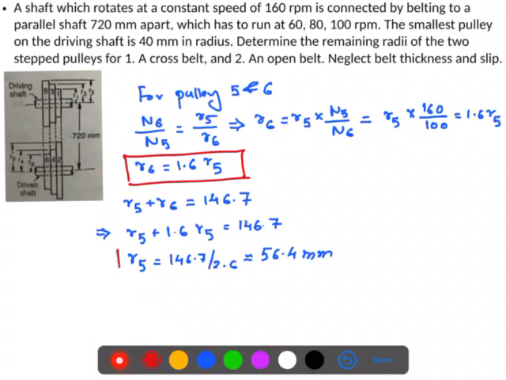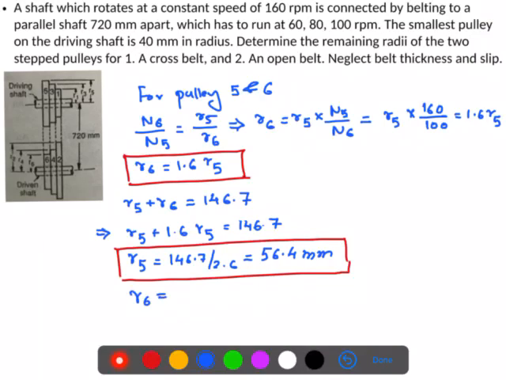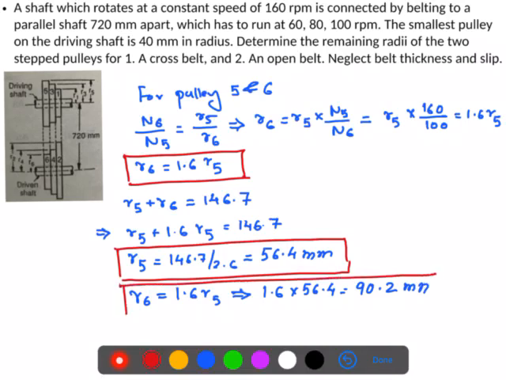So that is what we got as the solution, and thus we can say R6 is equal to 1.6 R5, which is 1.6 into 56.4 is equal to 90.2 millimeter. So in this way we find out the solution for this.